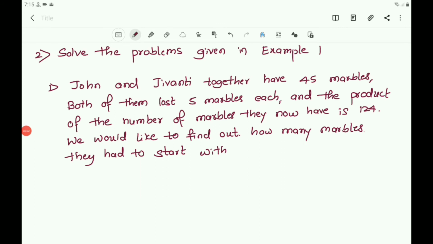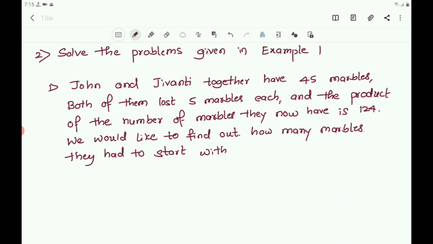The question number 2, that is the main question. The question is, solve the problems given in example 1. In example 1 of your textbook of the chapter, there are 2 questions, and already those 2 situations are represented mathematically.